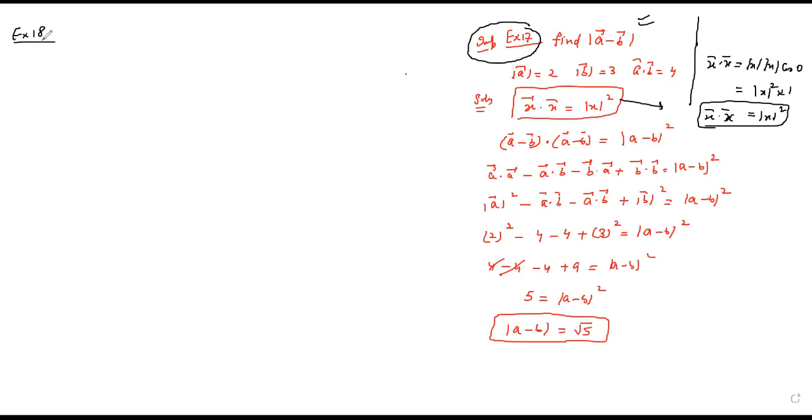Example 18. But this is also very important from the examination point of view. If A is a unit vector, now see, he has given you that this is a unit vector, that means the magnitude of this is equal to 1. Why? Because A is a unit vector.